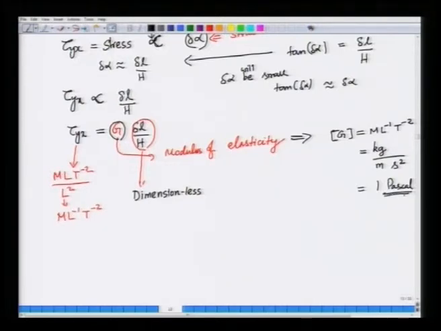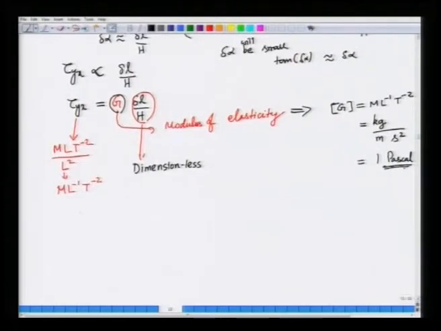Now, previously in this simple thought experiment, we considered a slab of thickness h, but we could take a tiny thickness delta y in the y direction within the slab itself. We will take a tiny thin slice.